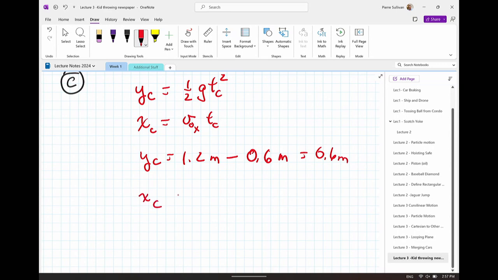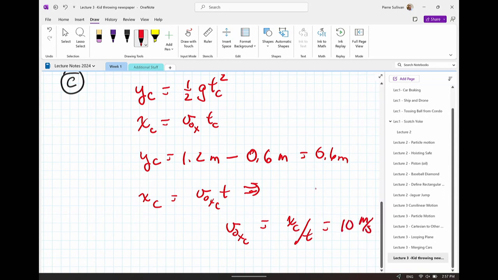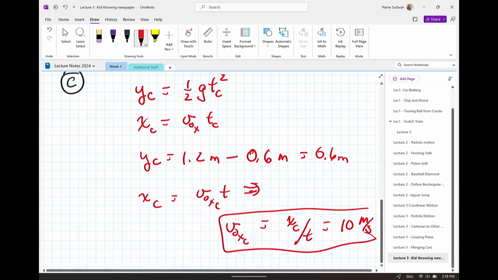X sub c equals V naught x times t, which yields V naught x sub c equals xc over t, which ends up being 10 meters per second to enough significant figures that it doesn't matter. The number ends up being 10.0072 meters per second. But as you're solving these problems, two significant digits are going to be enough to describe what's happening.